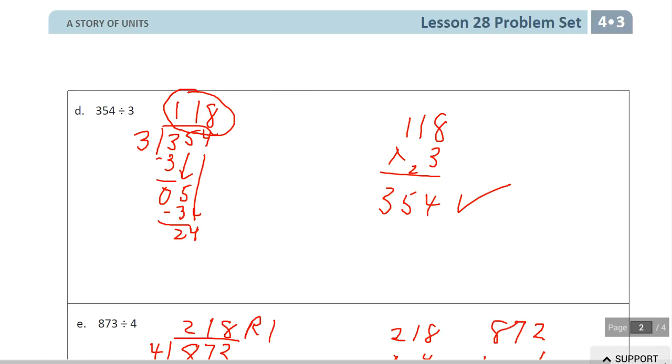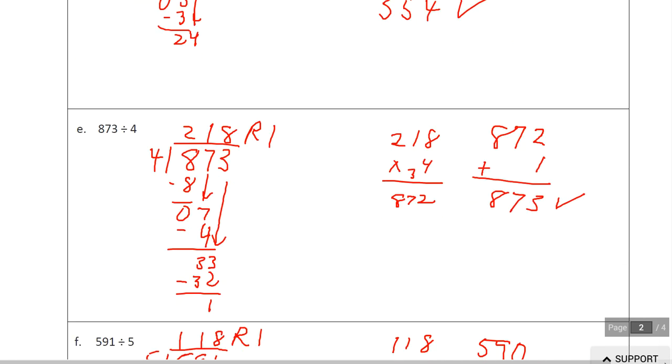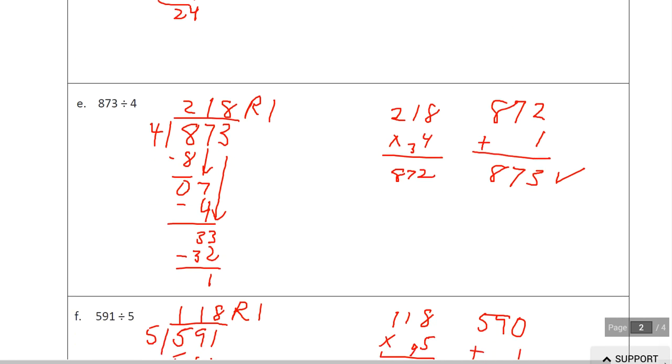All righty, how'd you do? Well, you're going to have to scroll down each one to see how you did, and then pause it as necessary. So go ahead and check them. Again, pause it as needed.